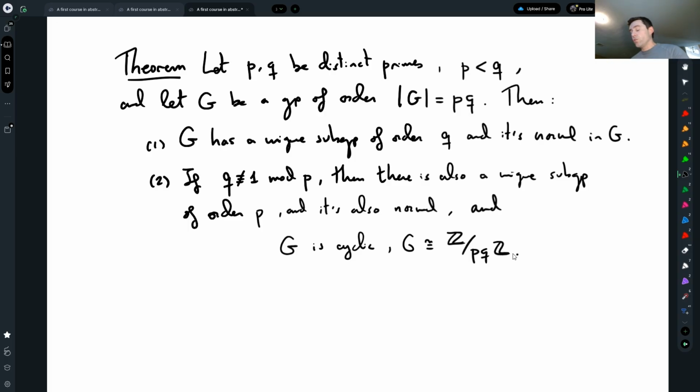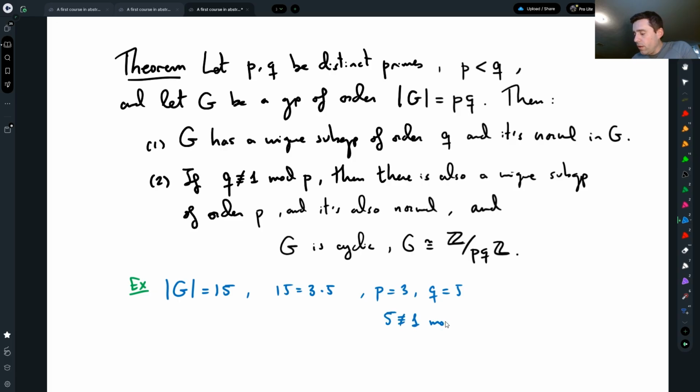So let's see a proof of this, and you can see that this is very strong. Let's see an application right away: if G is of order 15, because 15 is 3 times 5, here P would be 3, Q would be 5, and 5 is not 1 modulo 3. 5 is in fact 2 modulo 3, and therefore every group of order 15 has to be cyclic of order 15.